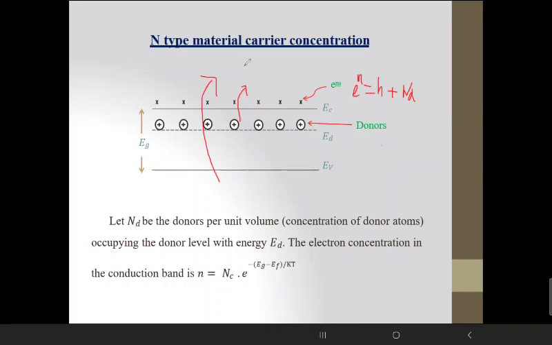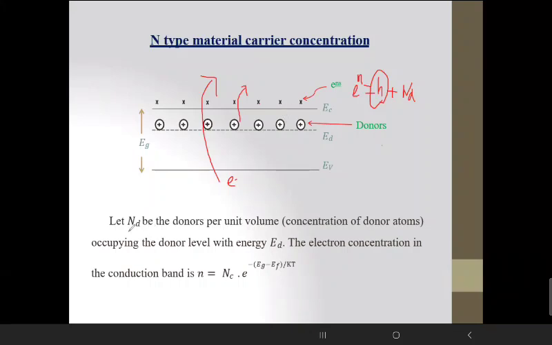So the electrons come due to the intrinsic semiconductor, from electrons jumping from the valence band to the conduction band, and then the number of donors.